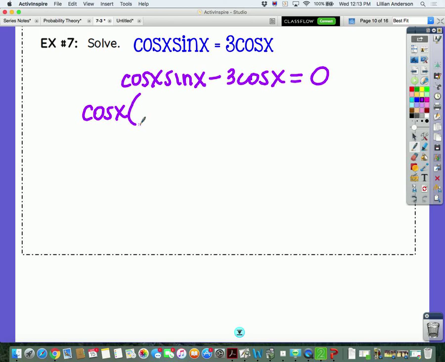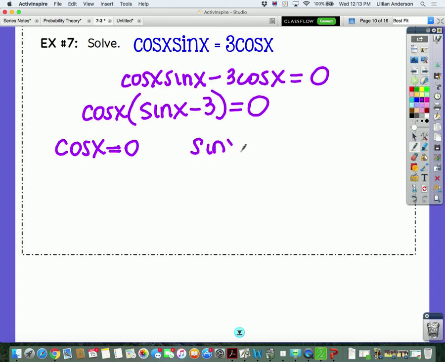We can do the same thing here when we're solving. We'll have a sine x minus 3 equals 0. And if you remember back from your factoring days that when you have two factors, you set both of them equal to 0. That's using an old property called zero product property. Whoa, that's long.